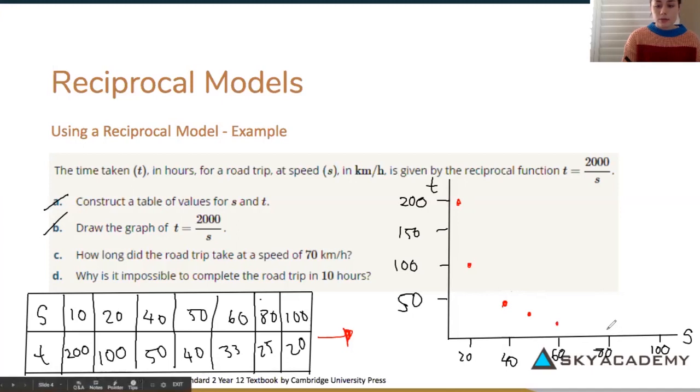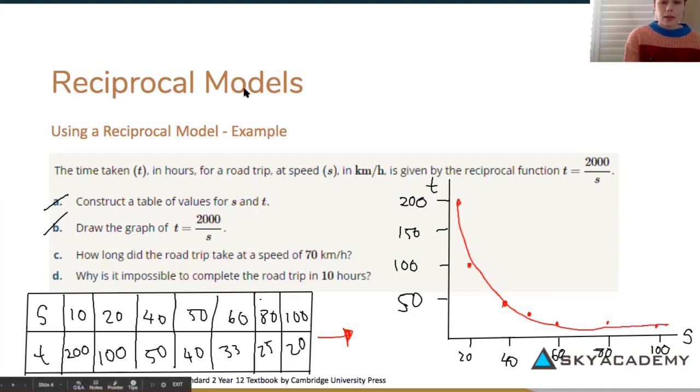And 100 to 20. And so there will be our reciprocal function for question B.